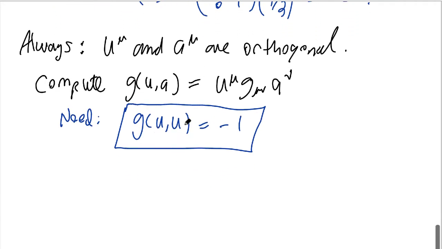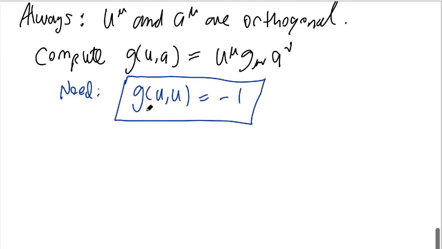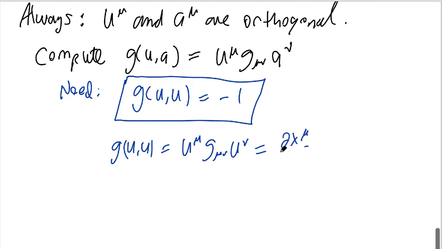We can prove this by simply writing out the inner product of u with itself. In terms of components, it's u mu, g mu nu, u nu, but the components of the velocity are derivatives of x with respect to tau.